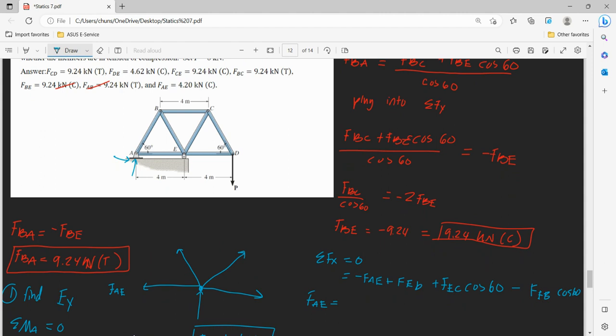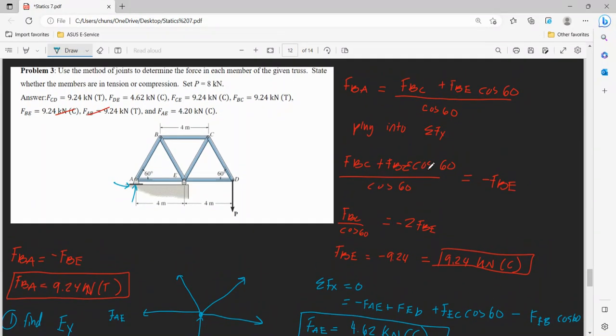FEC is negative 9.24 cos 60, and this is minus EB, which is negative 9.24 cos 60, and this gives 4.62 kilonewtons in compression.